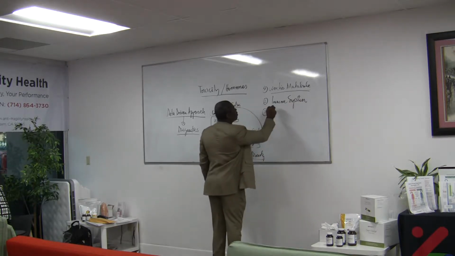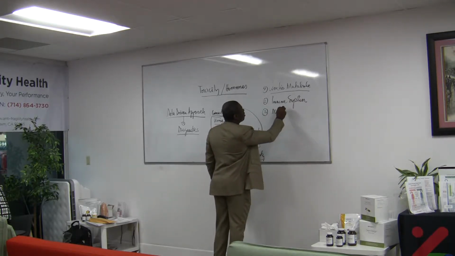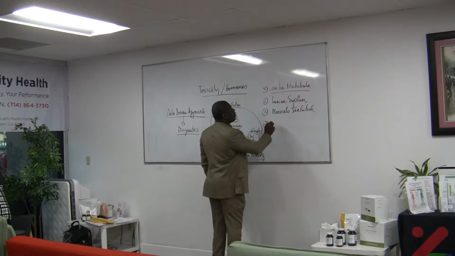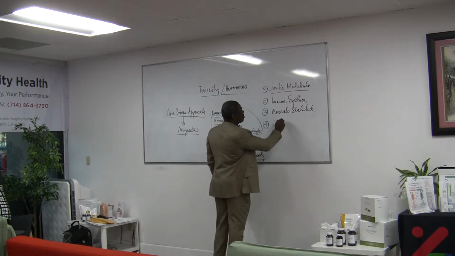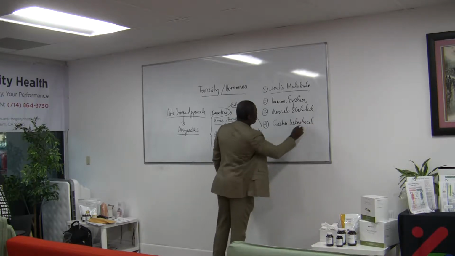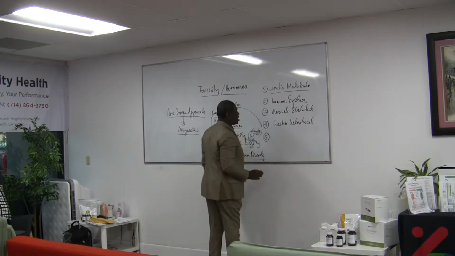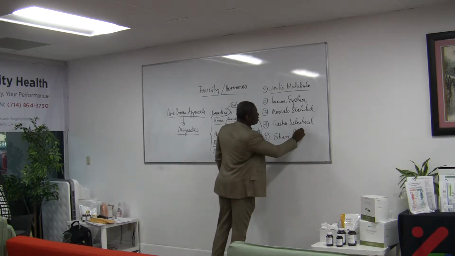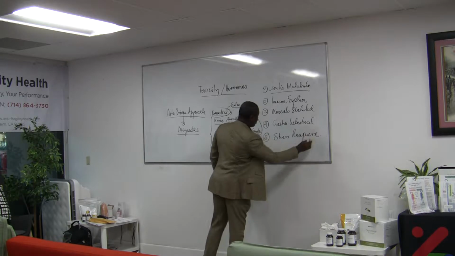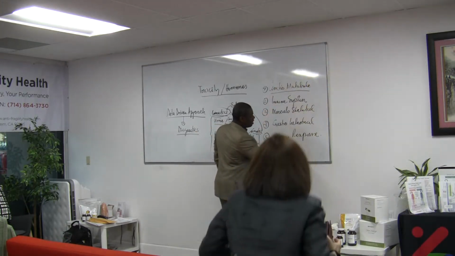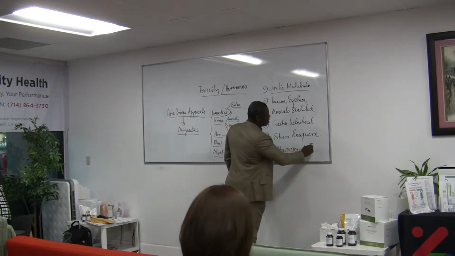Number 3, we look at your musculoskeletal. Number 4, we look at your gastrointestinal. Number 5, we look at what? We look at your stress response system. And number 6, we look at your hormones, your hormonal system.